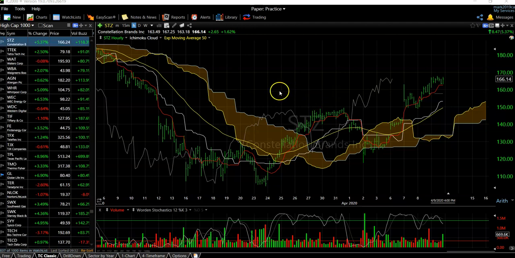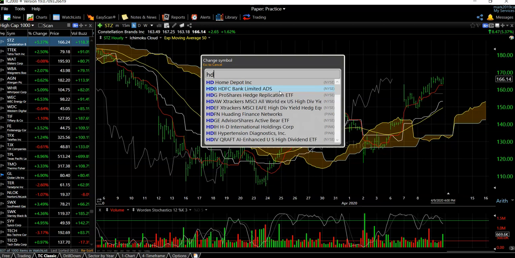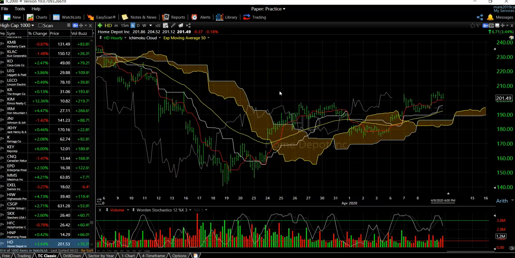For example, Home Depot. Press cursor on your chart and enter HD, Home Depot, and press enter. All right, so this is the Home Depot price history, and the one with the yellow is our 50-day moving average.